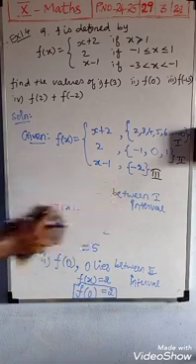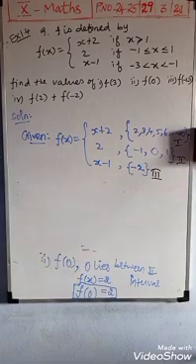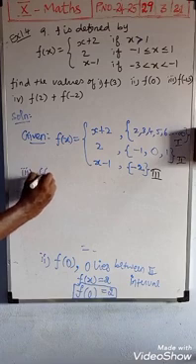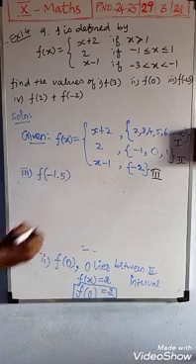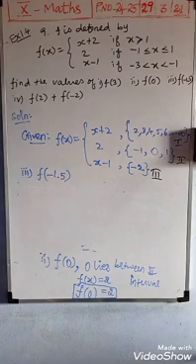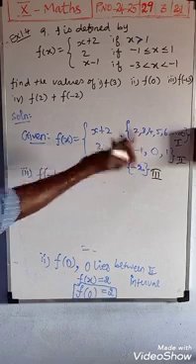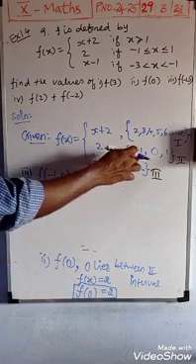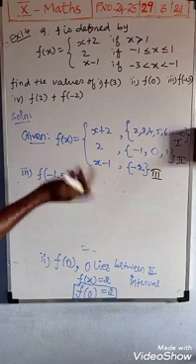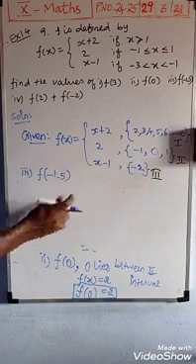Then the third point, f of minus 1.5. Where will minus 1.5 come? Here minus 1 is there, and after that comes minus 1.5, then it comes with the minus 2.